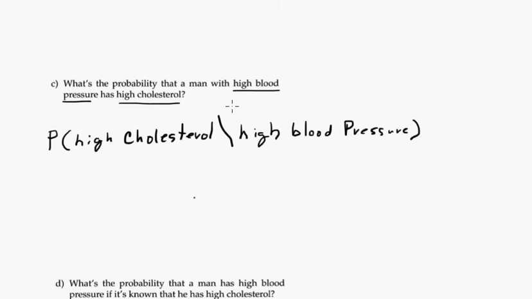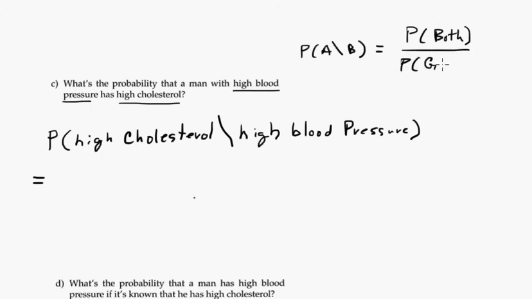We might be able to look at the table and just figure it out, but we want to remember that the probability of A given B is equal to the probability of both A and B divided by the probability of the given.